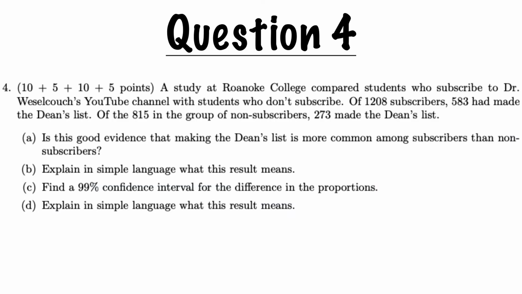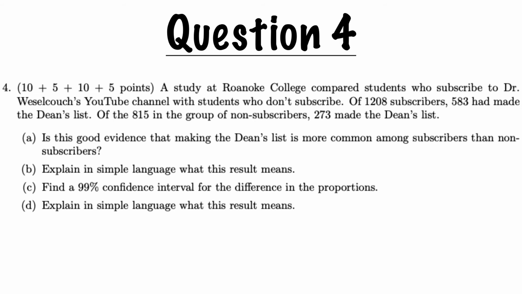Question 4. A study at Roanoke College compared students who subscribe to Dr. Weselcouch's YouTube channel with students who don't subscribe. Of the 1,208 subscribers, 583 had made the Dean's List. Of the 815 in the group of non-subscribers, 273 made the Dean's List.